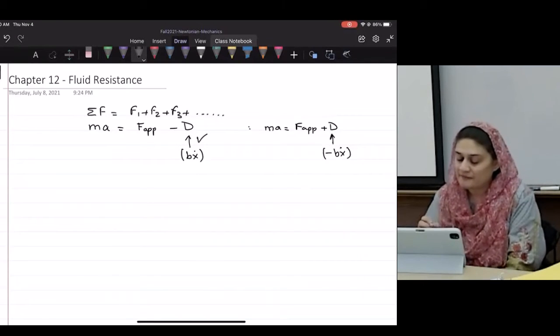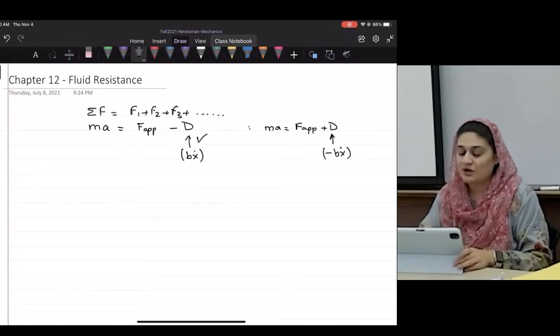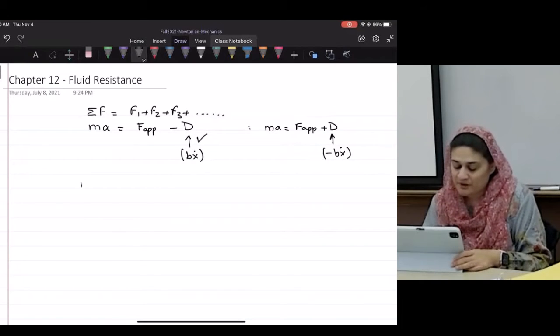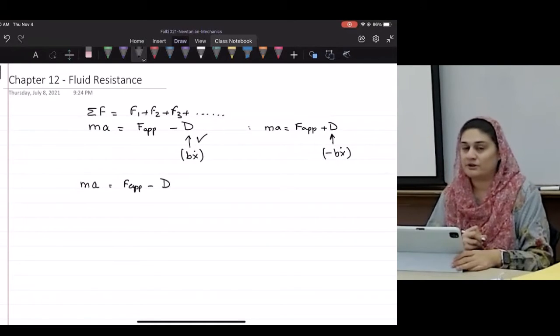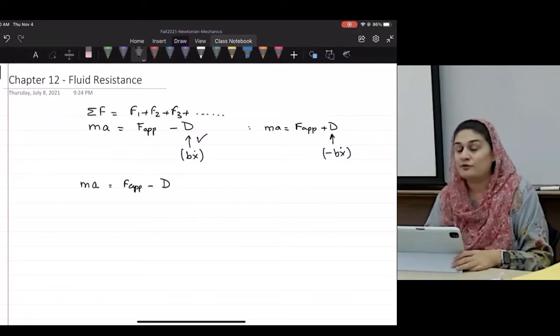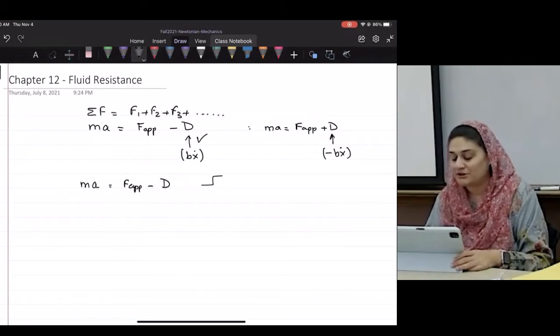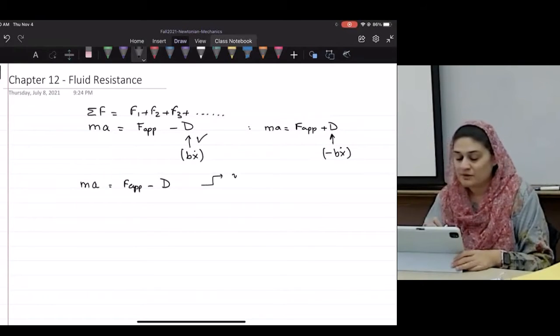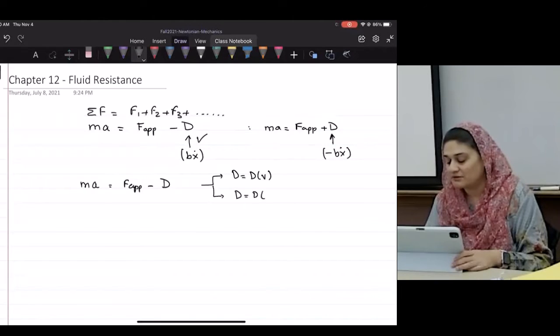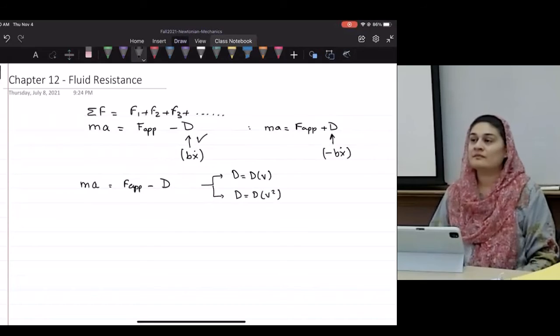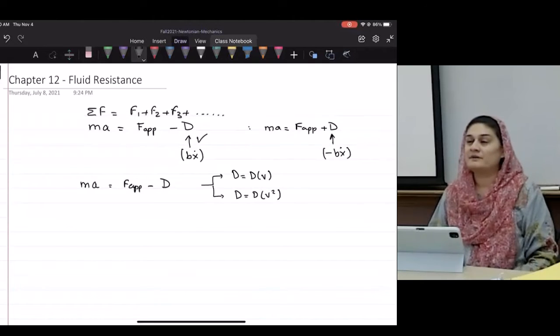So another thing that you will see sometimes is that they will write this equation as F applied minus D, which is the drag force. And this drag force could either be a function of v, or this drag could be a function of v squared. And I'll give you an example.